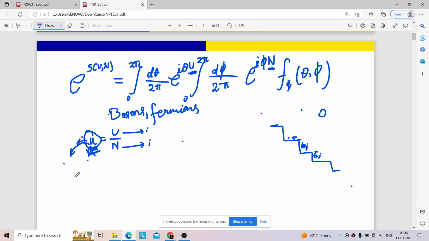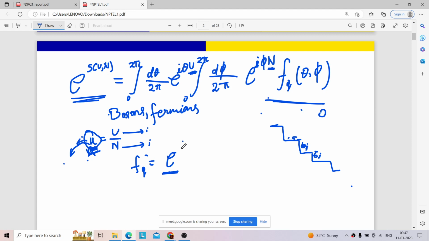Then I have written the form for f q also. This f q is some multiplication of 1 plus q something. This I can write as e to the power of something, because I have to compare with the left hand side, so I need this f q in the form of an exponential.